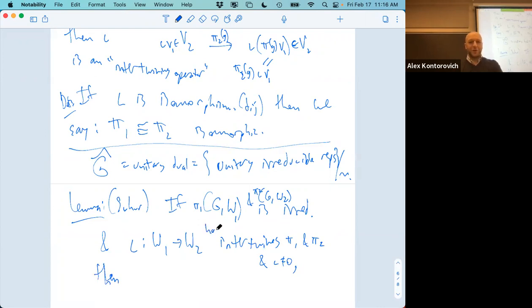It starts out being just a homomorphism, but it has to be an isomorphism. Then iota is an isomorphism. There's no way to intertwine between two irreducible representations unless you're just saying that they're equivalent.